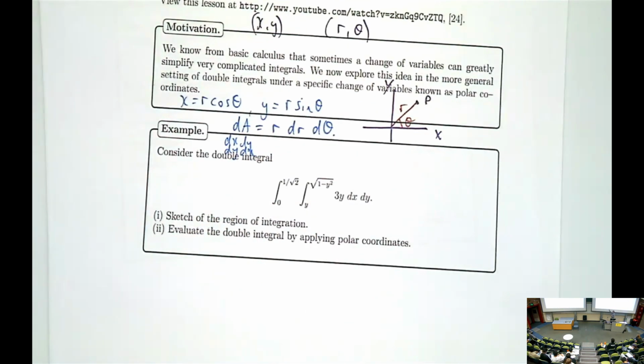In polars, it changes. And it's not clear why it changes. Why shouldn't it just be dr d theta or d theta dr? That's a good question. Yeah, r dr d theta.